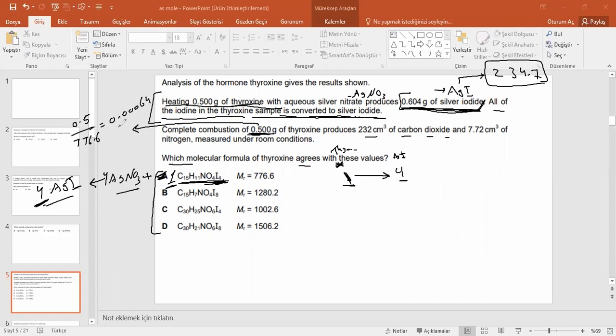Yeah, we will get this number of moles. This is the number of moles we used of thyroxine. So this number of thyroxine would give us X moles of AgI.